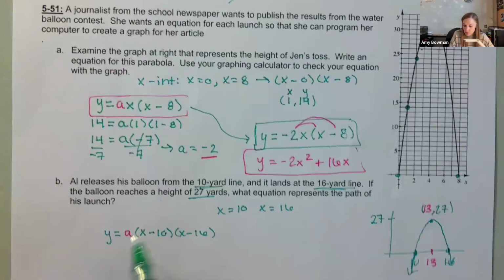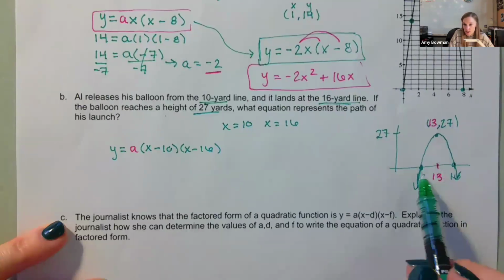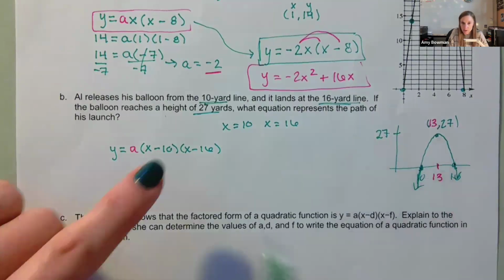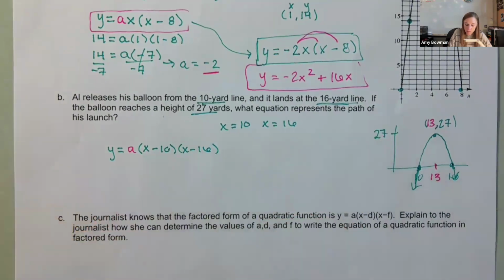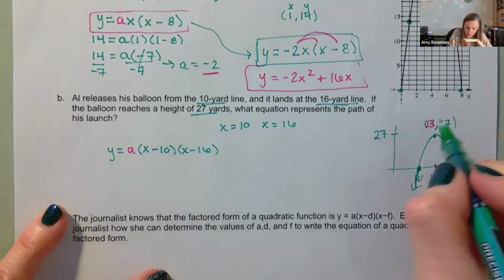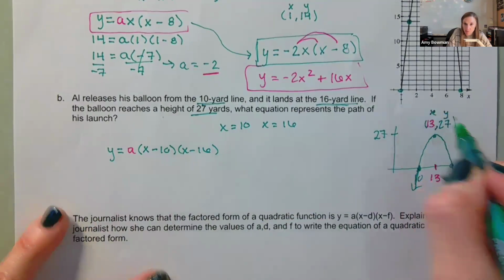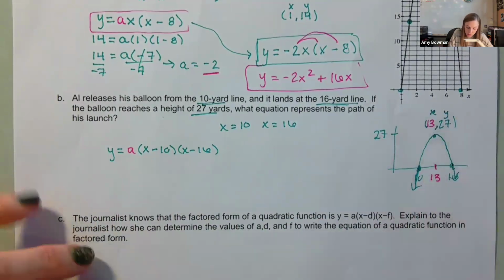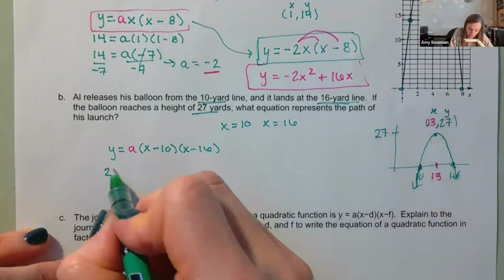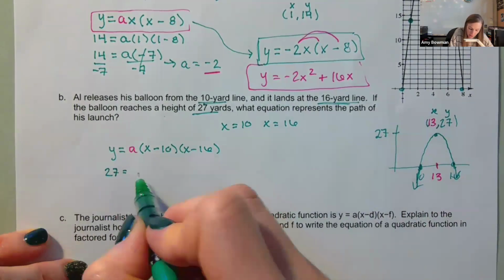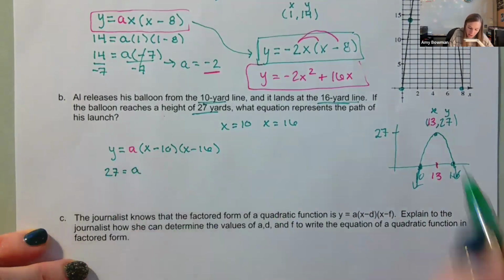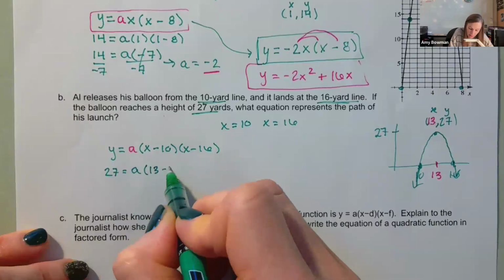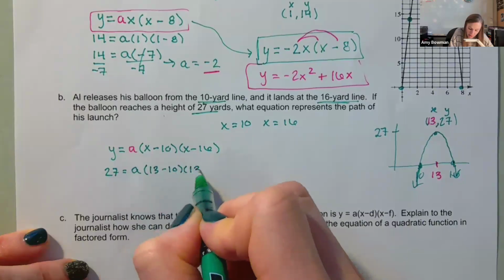Unlike Jen's graph, we only have one other point on Al's graph. We've already used the two x-intercepts to get the factors, which means our only option for an xy pair to plug into our equation and solve for A would be the vertex of 13, comma 27. So we're going to plug in 27 for y, and A we're going to solve for, and then 13 in for x. So it'll be 13 minus 10 times 13 minus 16.